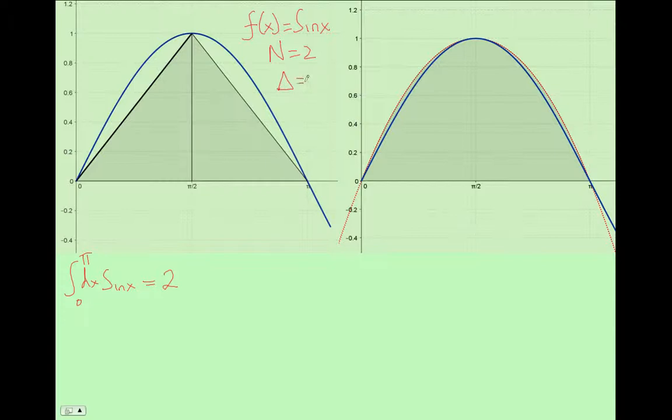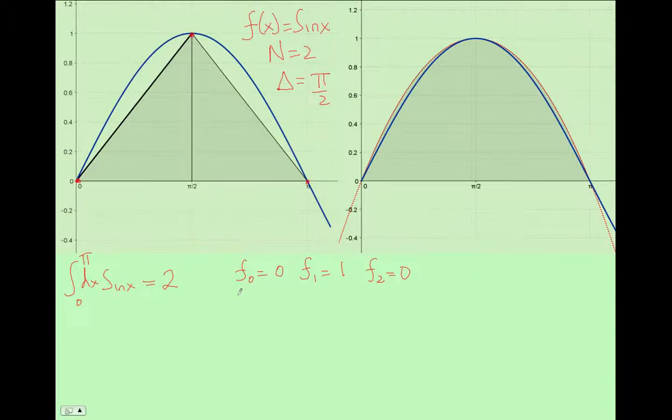Delta, the grid spacing, is then pi by 2. And so obviously f0, which is here, is 0. f1, which is here, is 1. And f2 is 0. That's here.